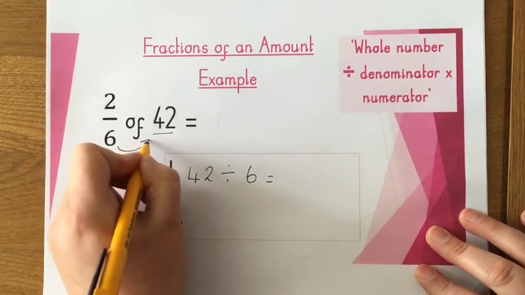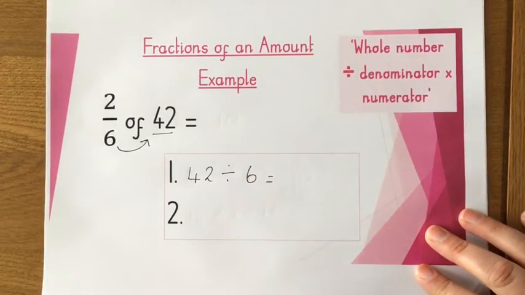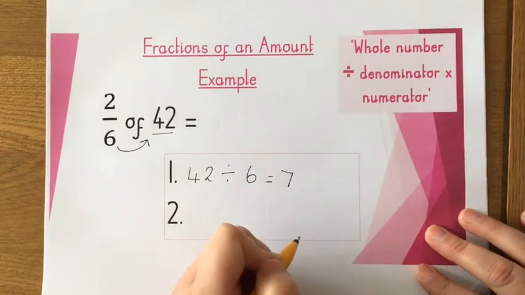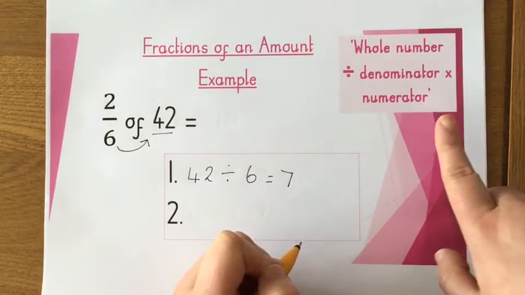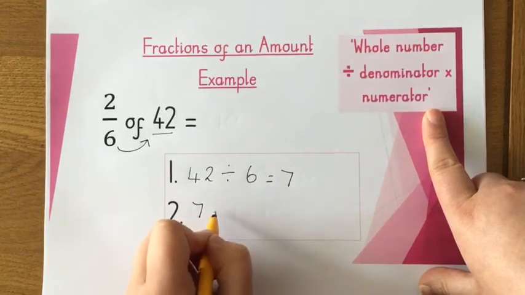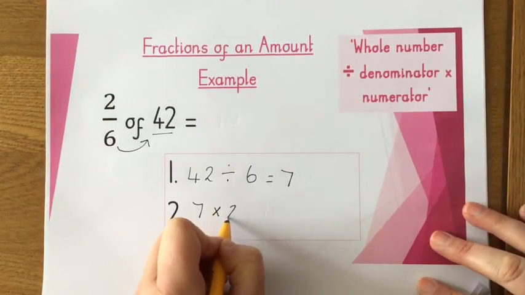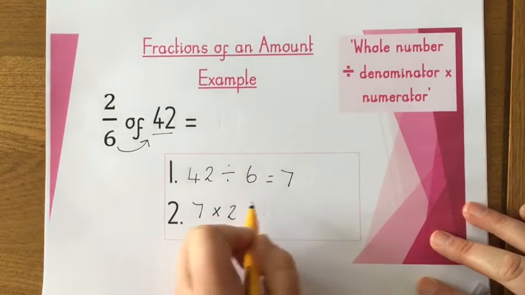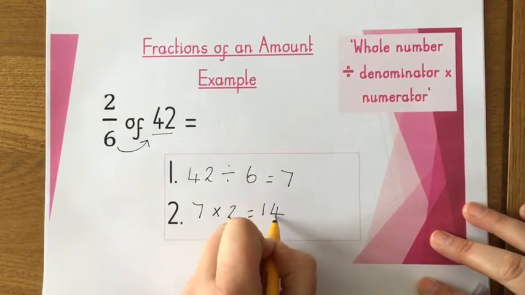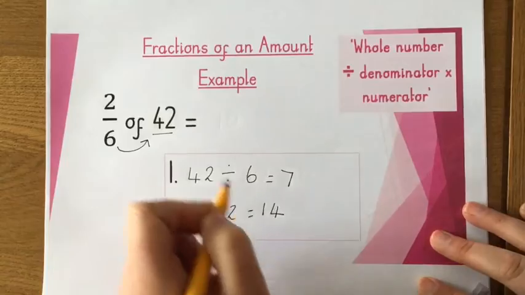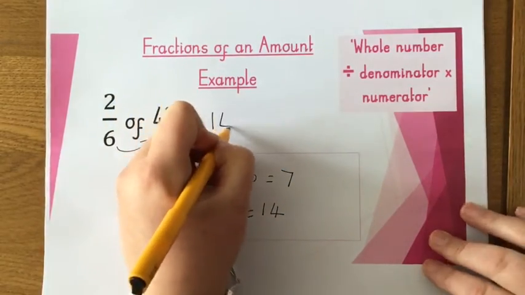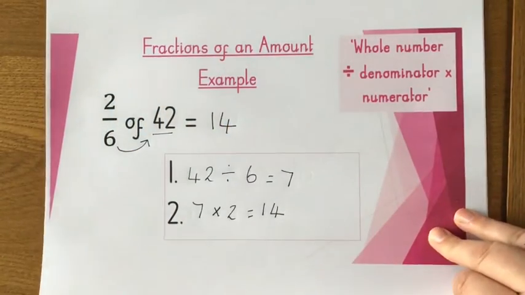How many 6s are in 42? That's 7. Then 7 times by 2. So 7 times 2 is 14. So 2/6 of 42 is 14.